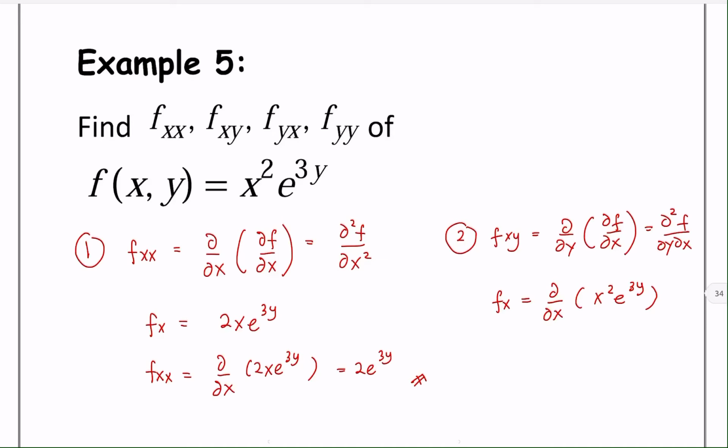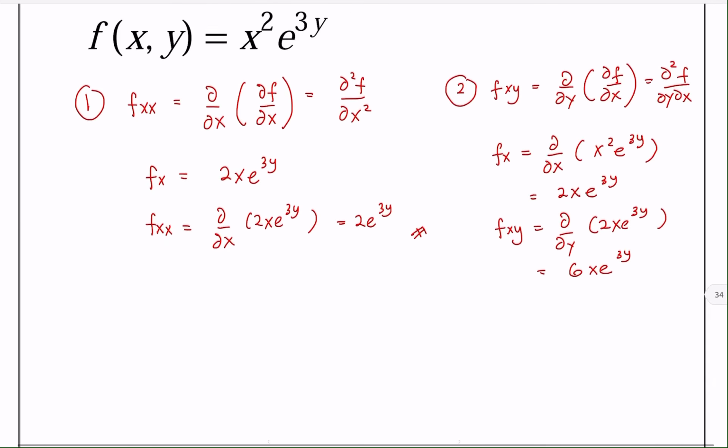We will obtain, in this case same as before, 2x e 3y. And then we need to differentiate it again, 2x e 3y. So we hold x as a constant, we just differentiate e 3y, so we'll obtain 6x e 3y.